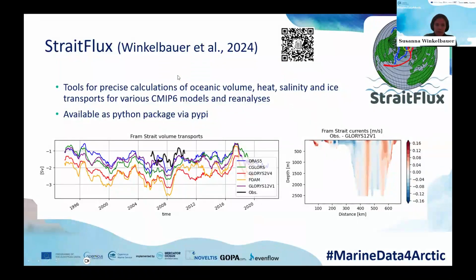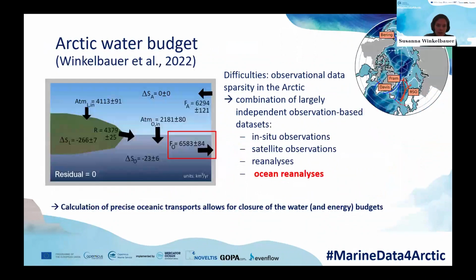We have used StraitFlux for multiple different case studies around the globe. Here, of course, I will focus on the Arctic ones. So first of all, back in 2022, we assessed quite thoroughly the Arctic water budget, mainly from, let's call them, observation-based data sources. To the left, we have a schematic of the water budget focusing on the ocean.